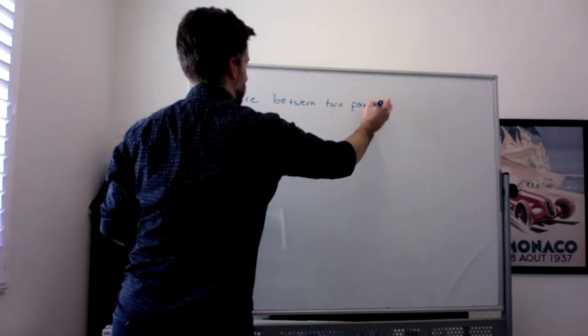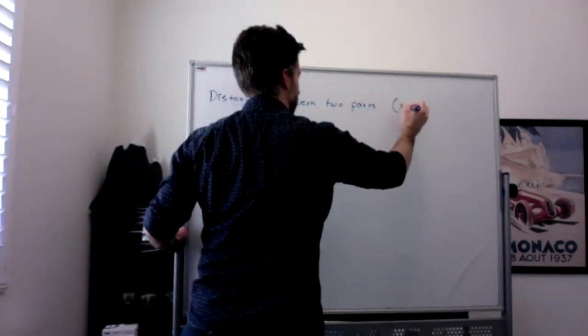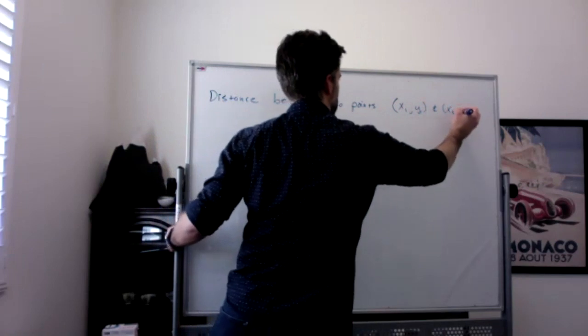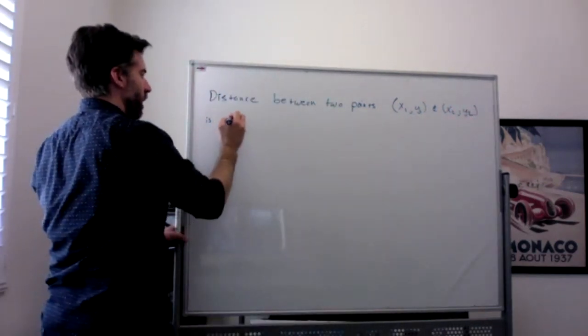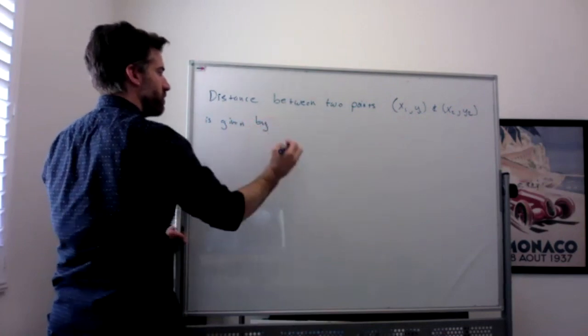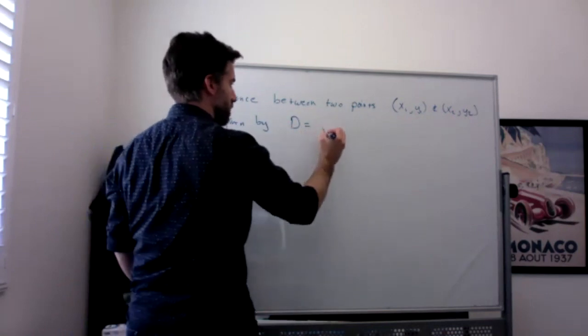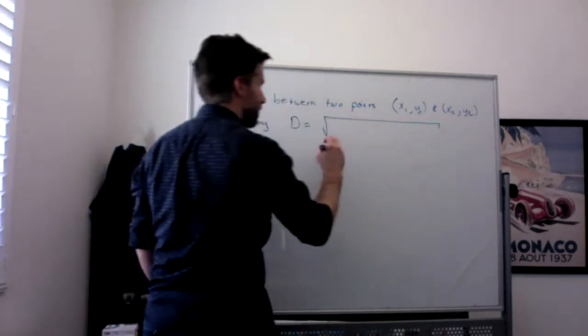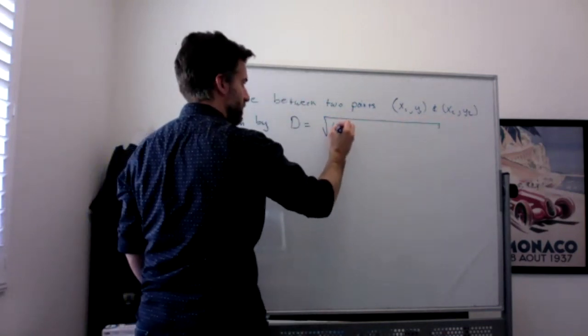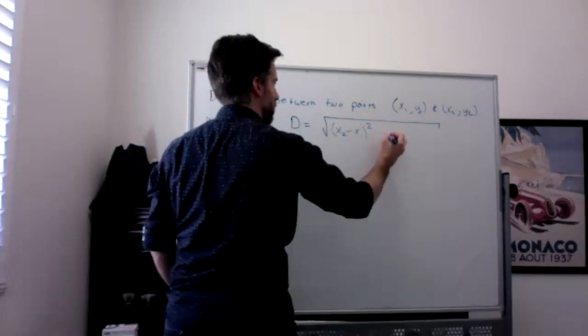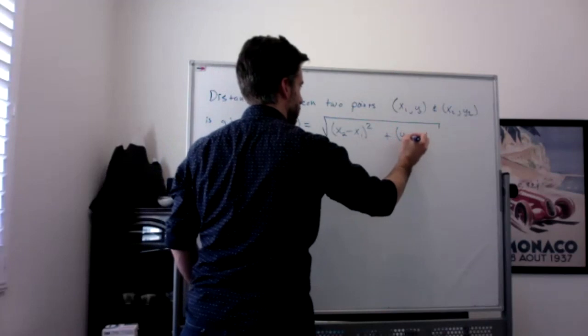We typically call those points x1, y1, and x2, y2. It is given by, we usually call it capital D, the square root of the difference in the x's squared, so x2 minus x1 squared, plus the difference in the y's squared.